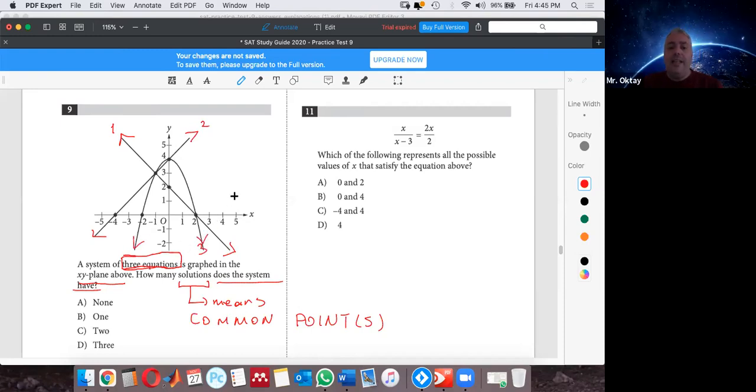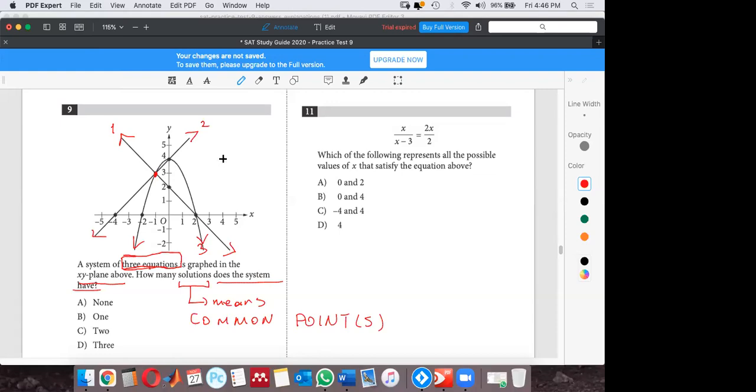Now I am asking you, is there any point in common? When I look here, I see this one, a member of the first line, on the second line, and a member of the graph. Yes or no? Yes.